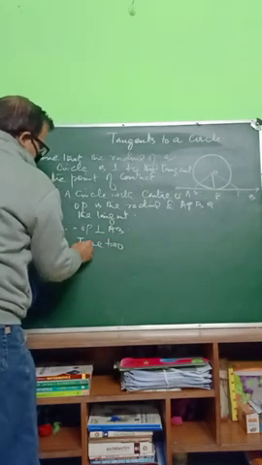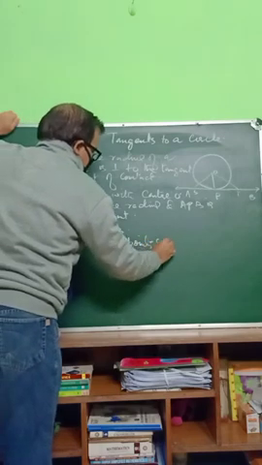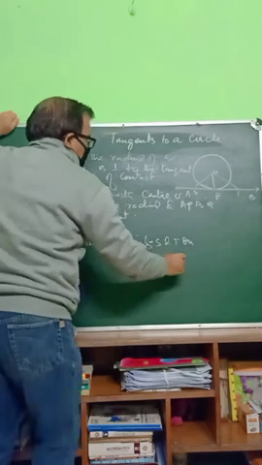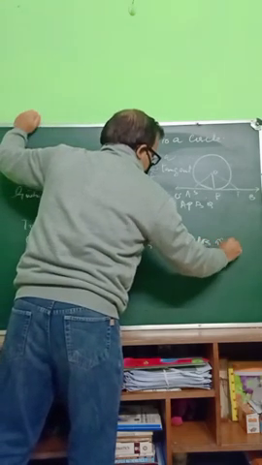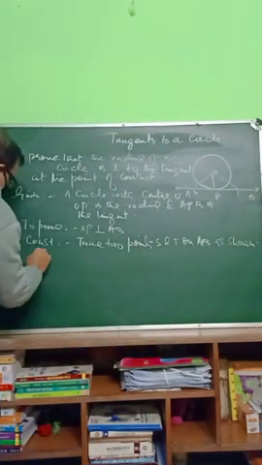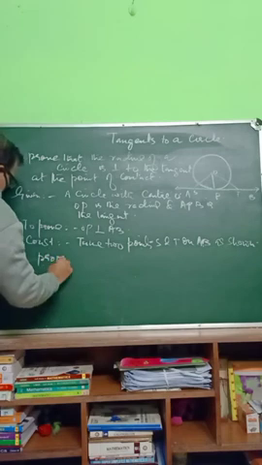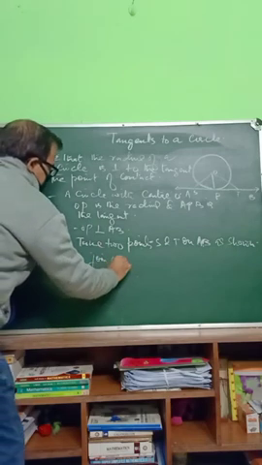Take 2 points S and T on AB as shown. Join OS and OT.